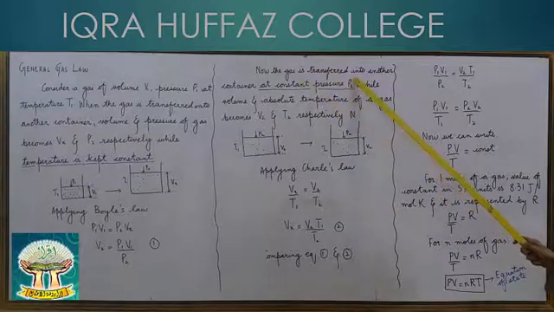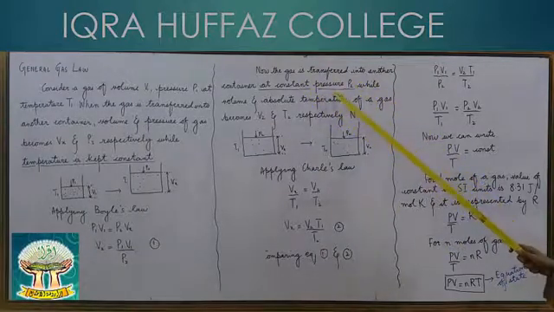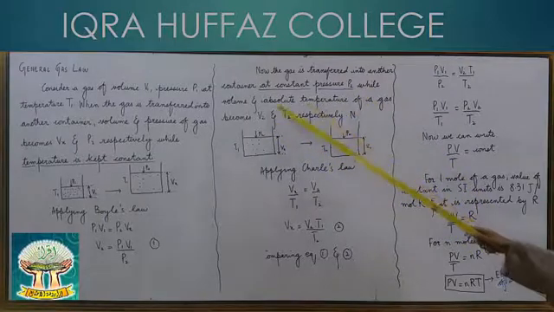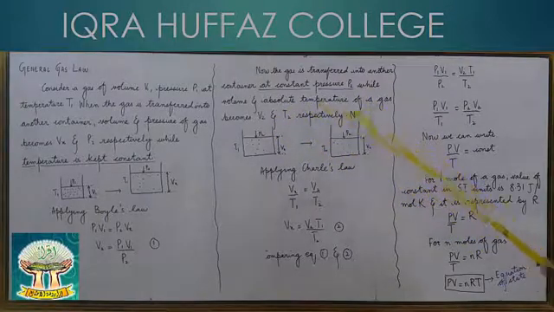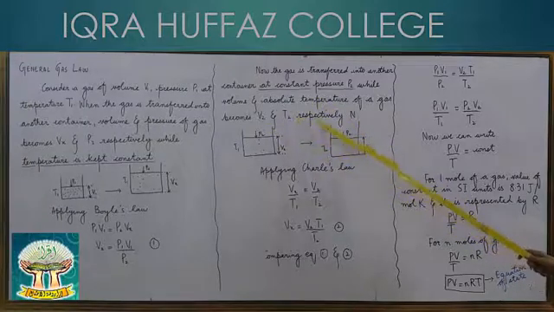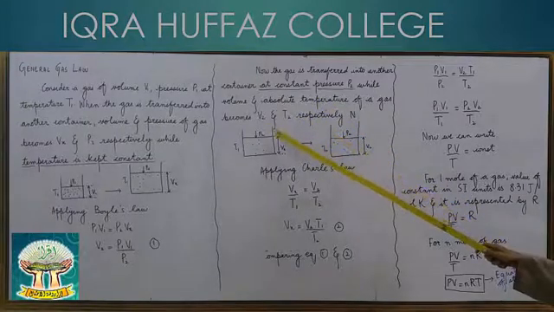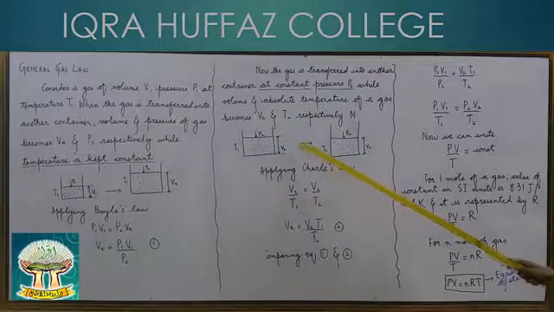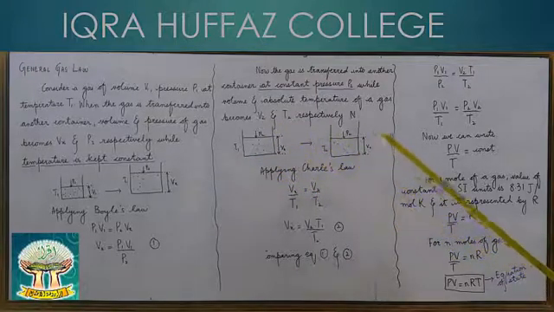The gas is transferred into another container at constant pressure P2. It is the same here in both cases, while volume and absolute temperature of the gas become V2 and T2 respectively. Initially the temperature is T1, it changes to T2 and volume changes from Vx to V2.